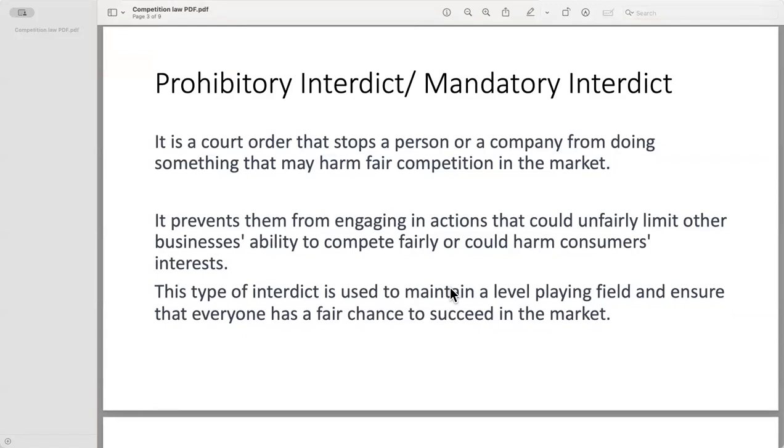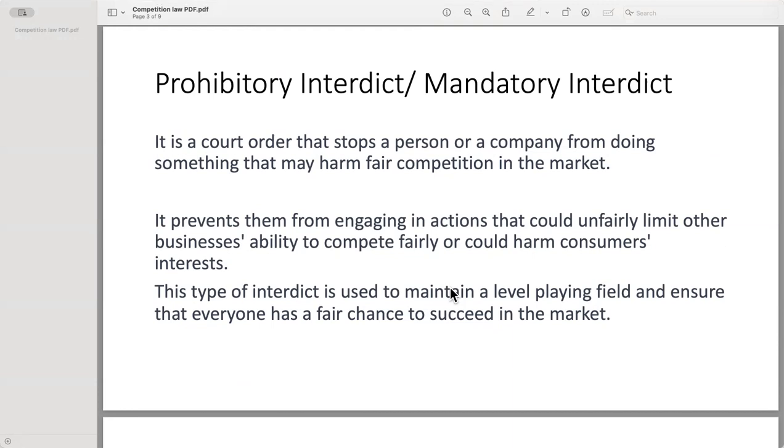harm consumers' interests. For example, I have a business that is making cookies. I love cookies. And then I have a competitor who also has a business that makes cookies. When the competitor sees that my business is thriving, he goes around telling people that I use artificial colorants or artificial sweeteners in my cookies, which is unhealthy for people.